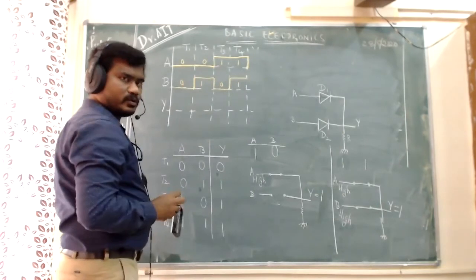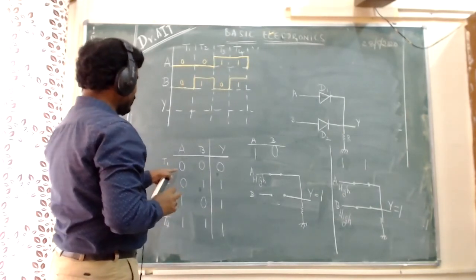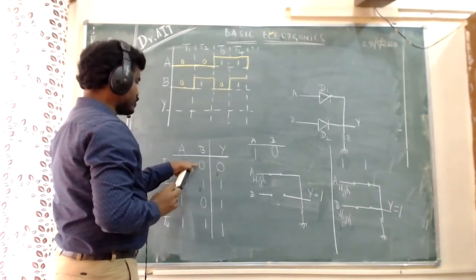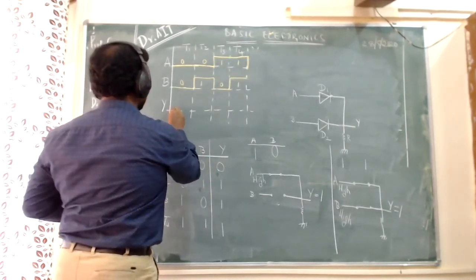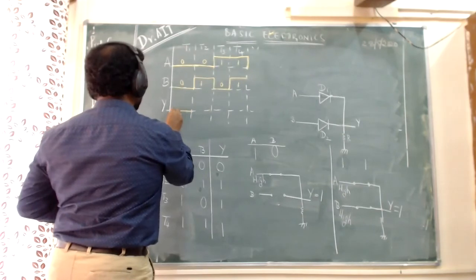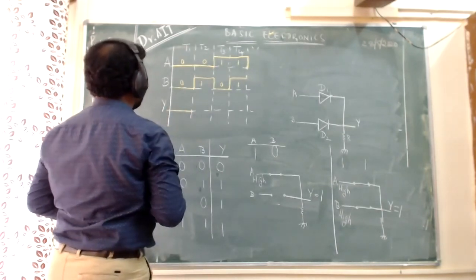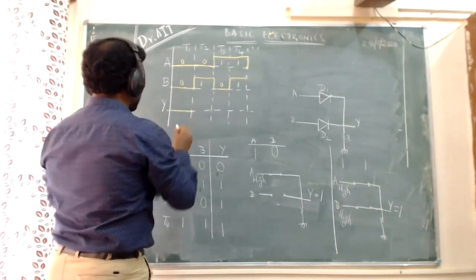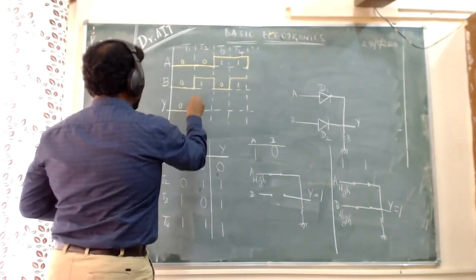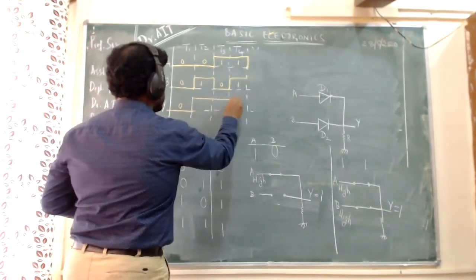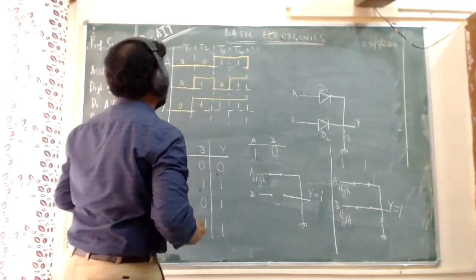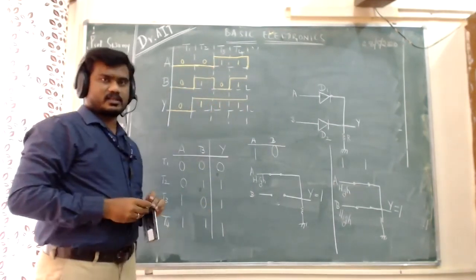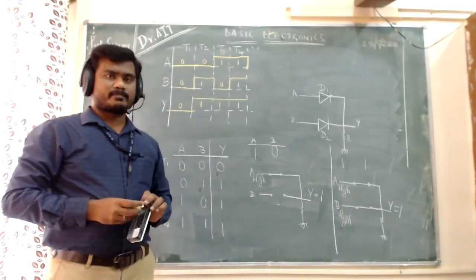And what is the output? Whenever both inputs are equal to 0, the output is 0. So only for the first time period T1 its value will be equal to 0, and for the rest of the cases the output is 1. So this is regarding the logic OR gate.